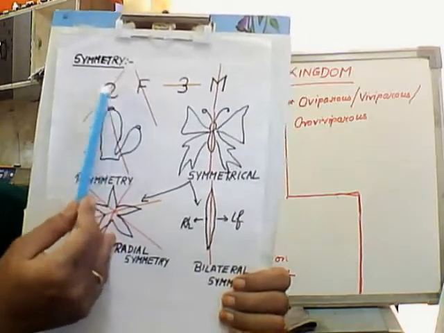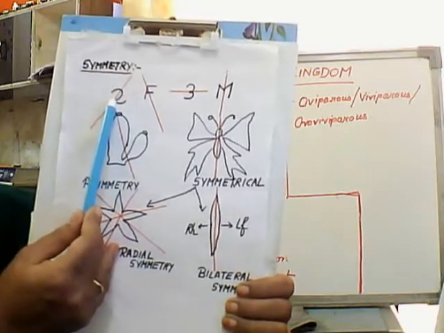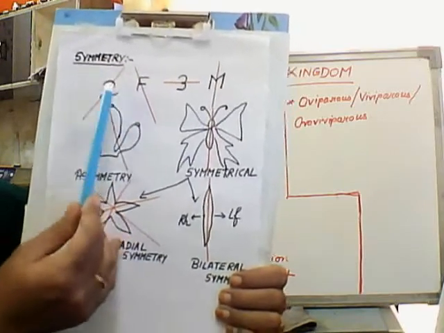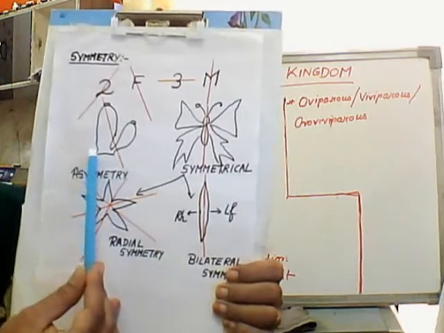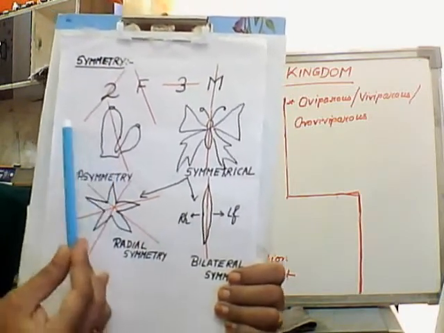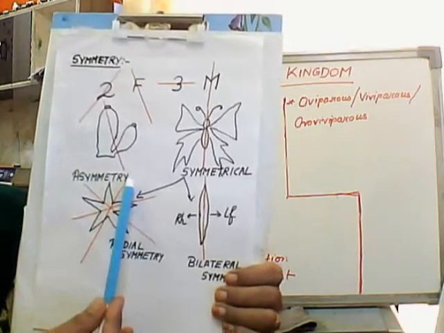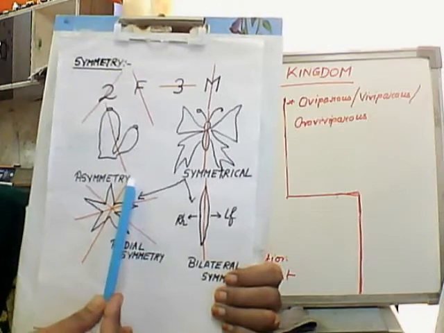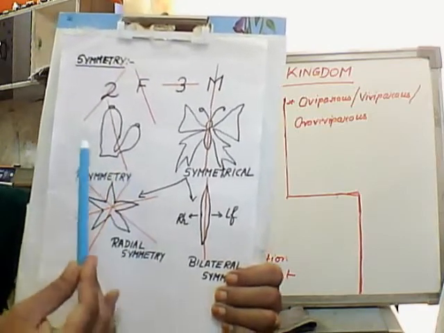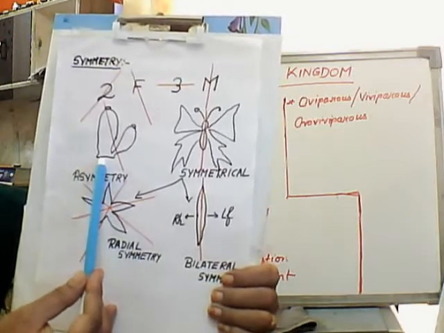That means these two are asymmetrical. They are not symmetrical. Similarly, this one is an example of the Porifera phylum. If you try to divide this organism into two equal halves, it is not possible. So that's why this animal is said to be asymmetrical.